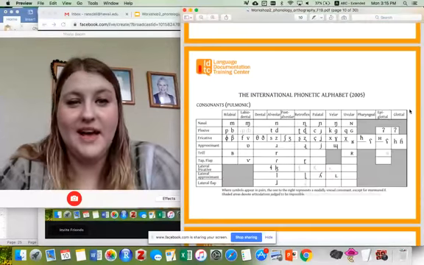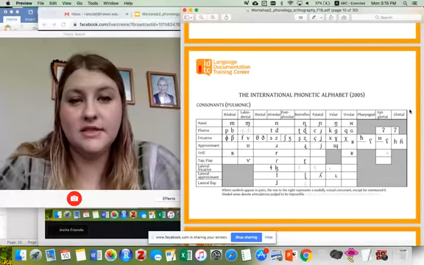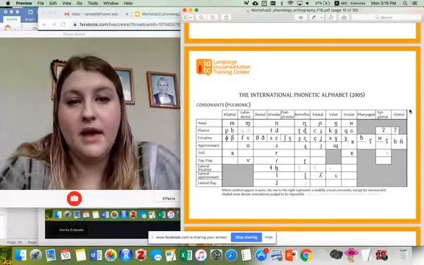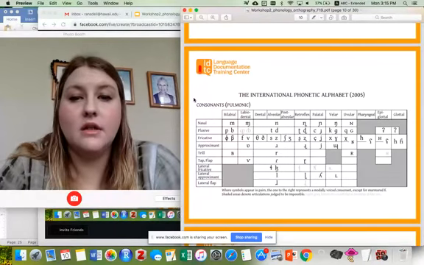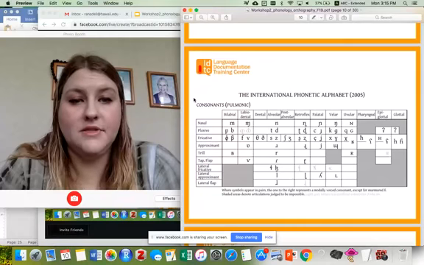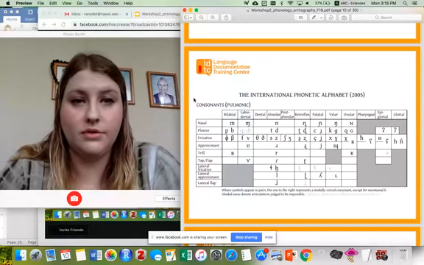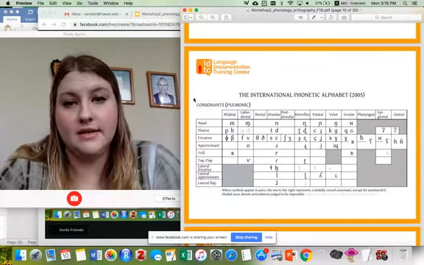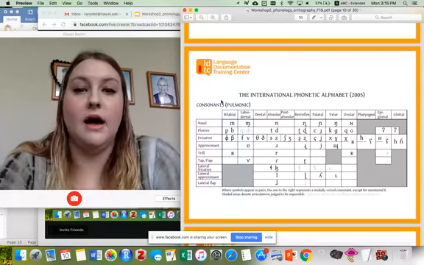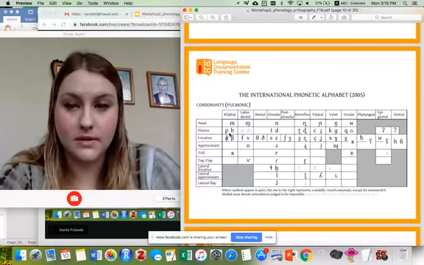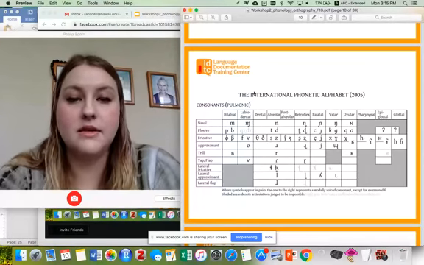This point. This is the chart of the consonants for the International Phonetic Alphabet, and it's arranged with rows and columns, and the columns represent the place of articulation. And what that means is where in your mouth are you actually making the sound? For example, the bilabial column, where you see M and P and B, is literally the lips.